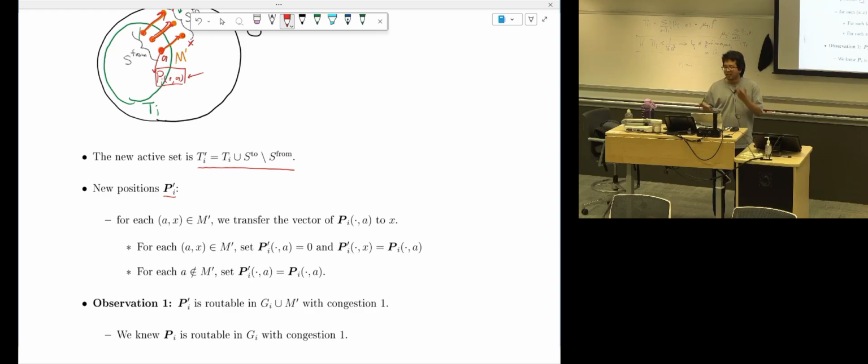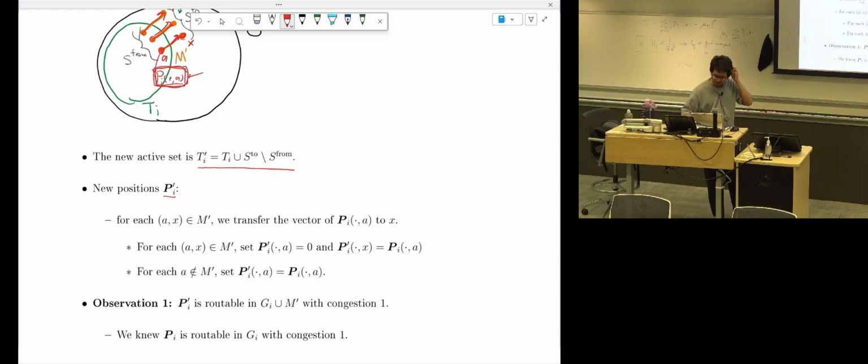It's a distribution, and it should now be at X, so we can literally just send this 1 unit of mass through a matching edge, and it now ends at X.